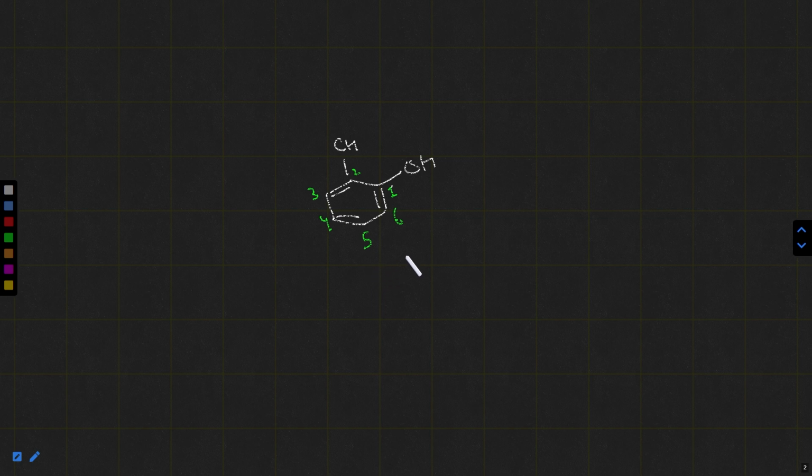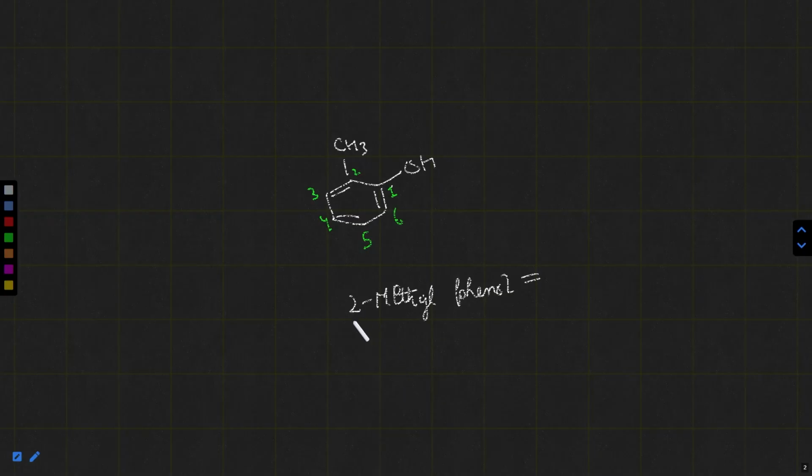We name this compound as phenol, as a derivative of phenol. At the second position, we have methyl. So 2-methylphenol. Clear?